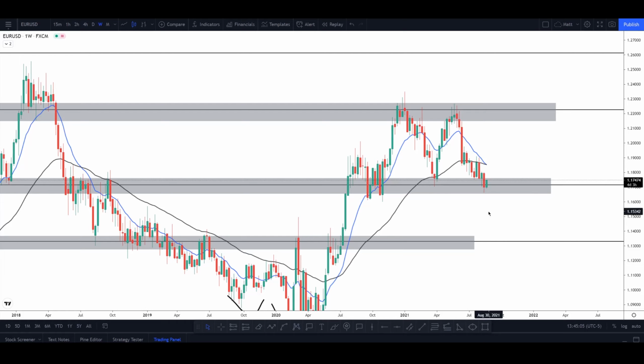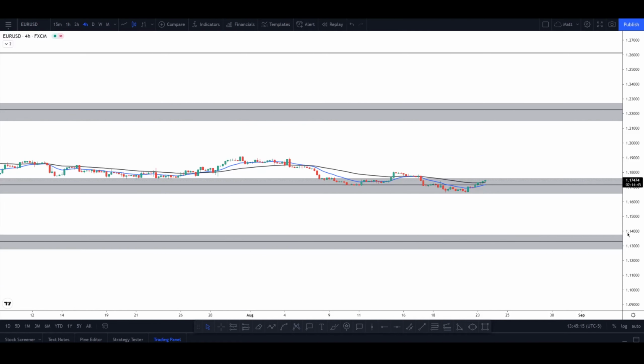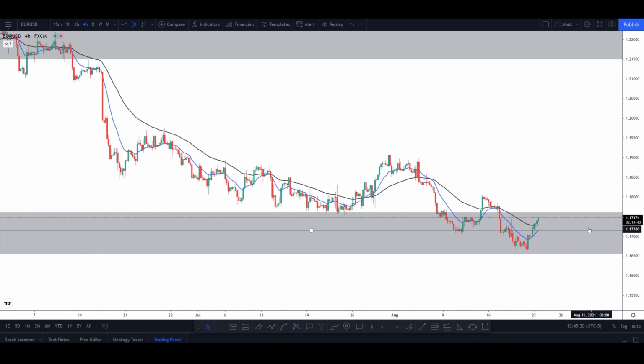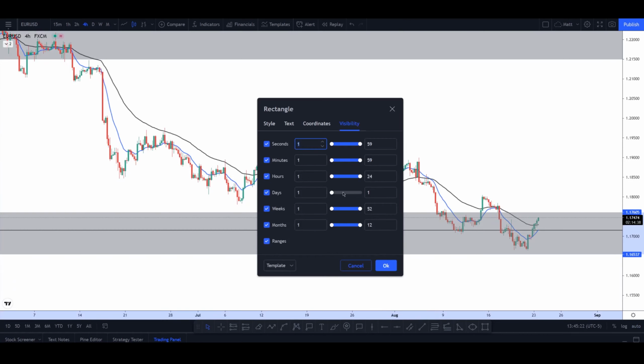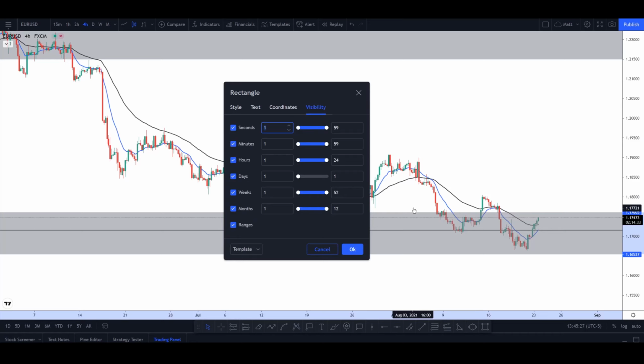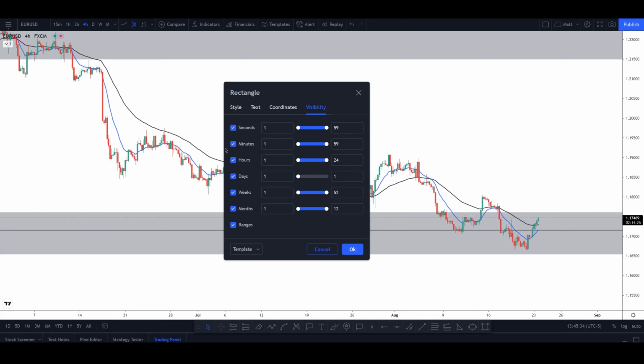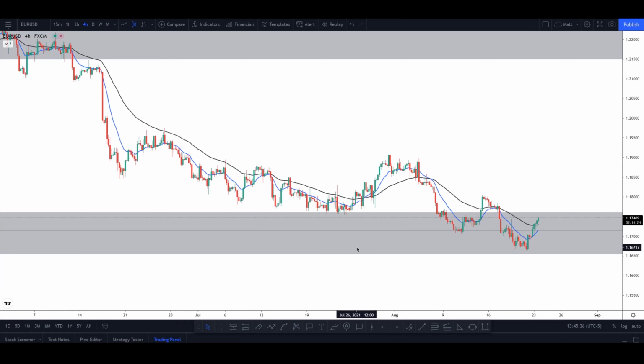Well, one thing that you can do is, let's say I drew these regions of support and resistance on the weekly chart, and now I drop down to the 4-hour chart, one way that you could prevent yourself from being confused is obviously if you have the option, go into the settings, go into visibility, and select the region of support and resistance that you drew on the weekly chart, and you should deselect it for the hourly chart or the daily chart or the minutes chart. That's just personal preference if you'd like to keep it like that.